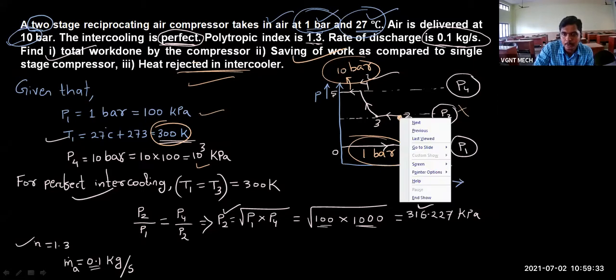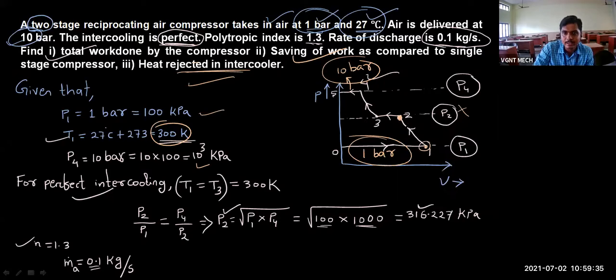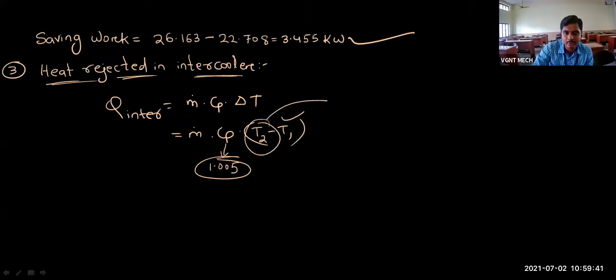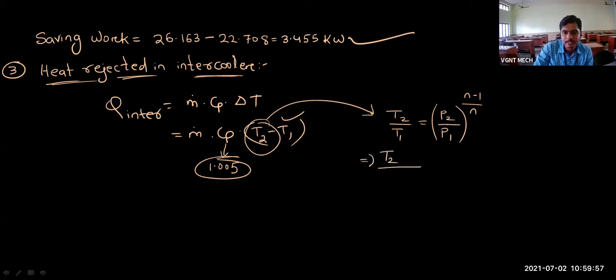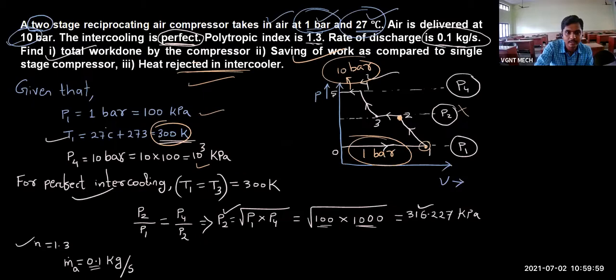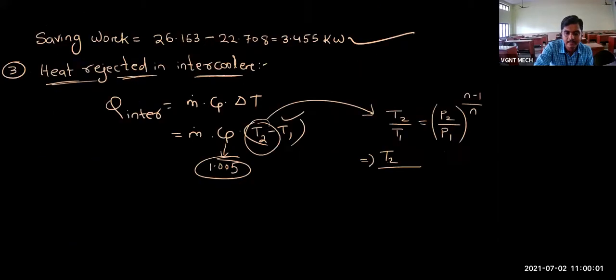So in between point 1 and 2, can I apply the relationship between temperature and pressure? Yes, I can apply the relationship in order to calculate the value of T2. T2 by T1 is equal to (P2 by P1) whole to the power (n minus 1) by n.